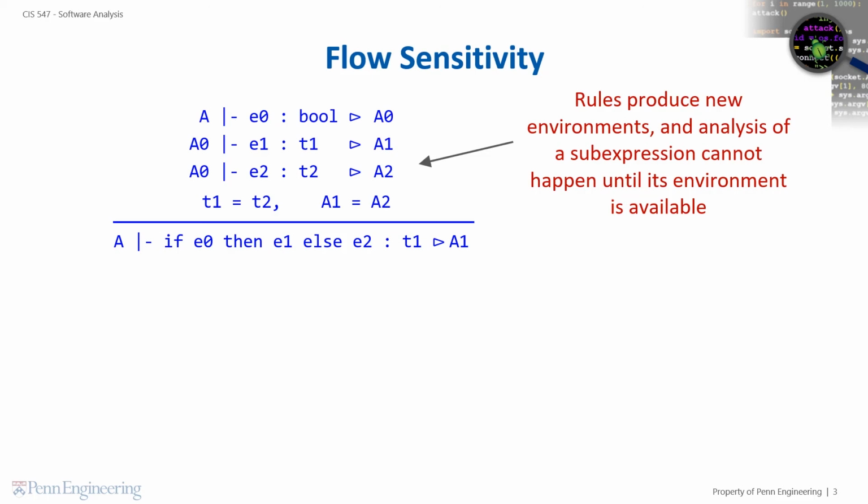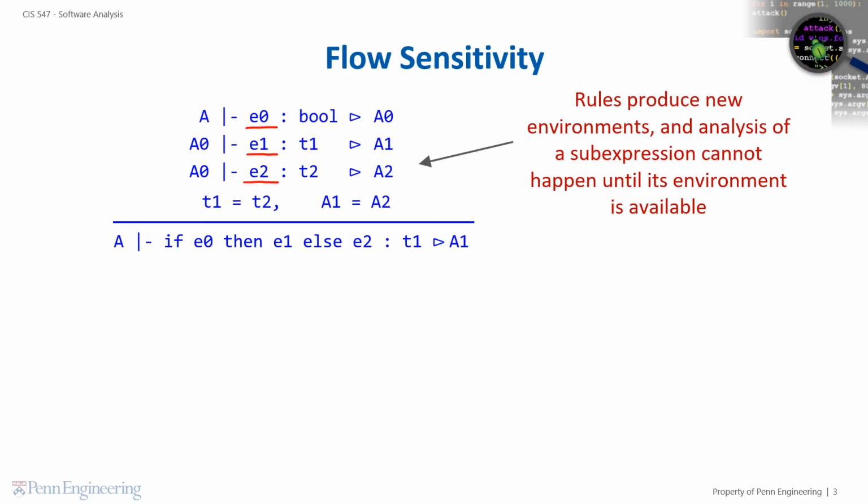In the if-then-else schema example, we would start by proving that under environment A, E0 is a bool and then output a new environment A0. This environment then flows into the analysis of both the statement that E1 is of type T1 and that E2 is of type T2, each of which produce their own output environments A1 and A2.